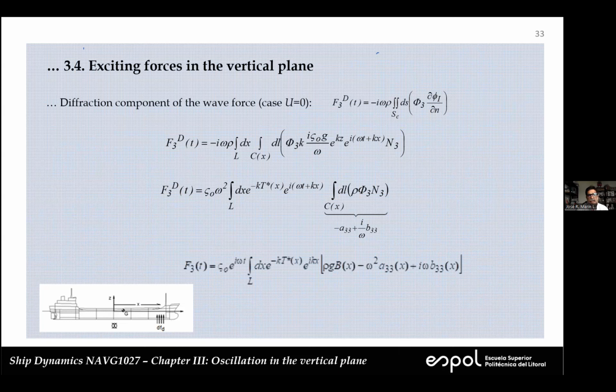We can use Newton's first law, Simpson's law. So here we have the whole thing. Okay, so this term here is the Froude-Krylov term, and this other term here is the diffraction coefficient.